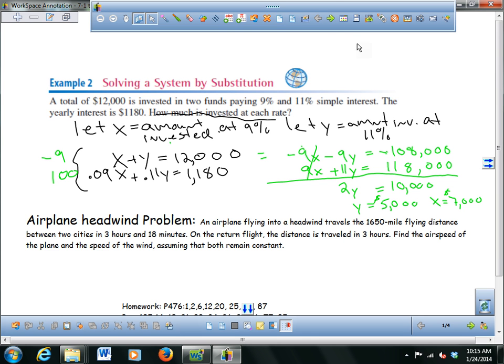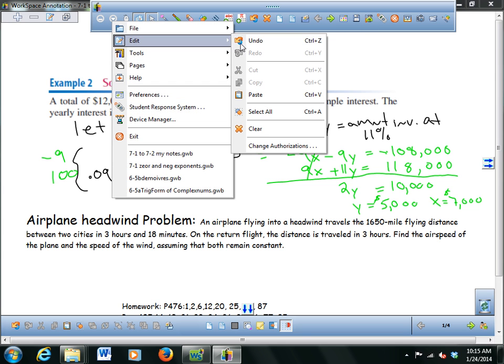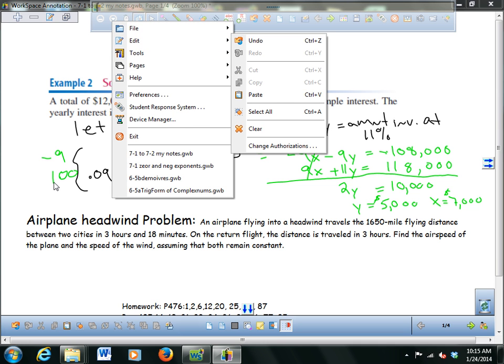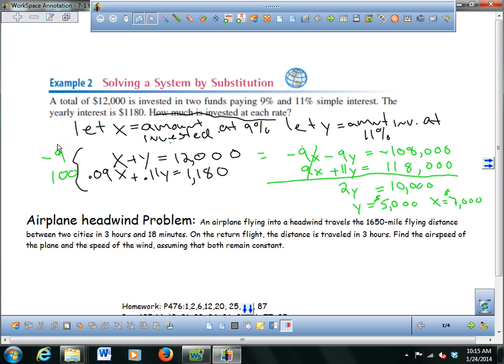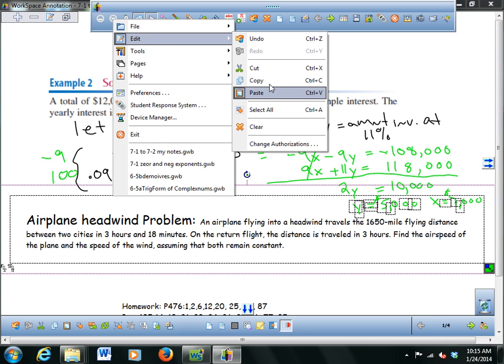Let's try again. I'm getting better with the Mobi board. I still don't have complete mastery though. I need to select it. Edit. Copy.